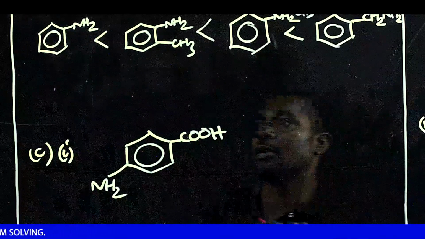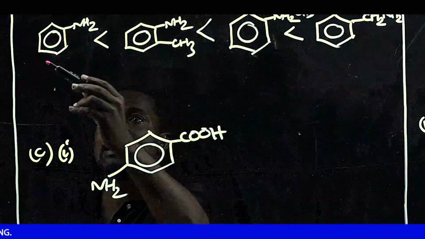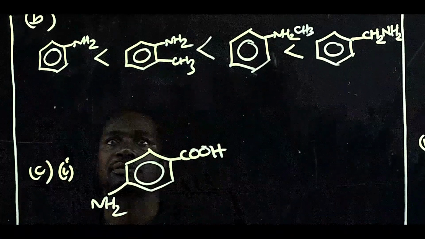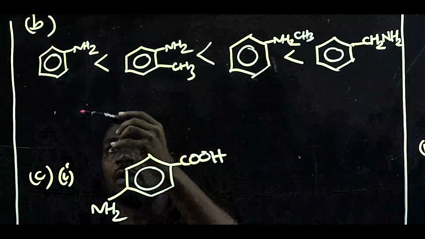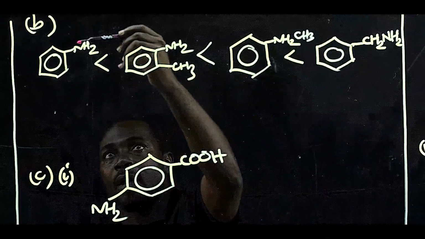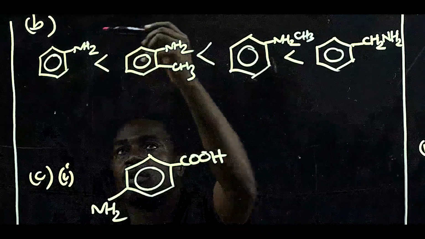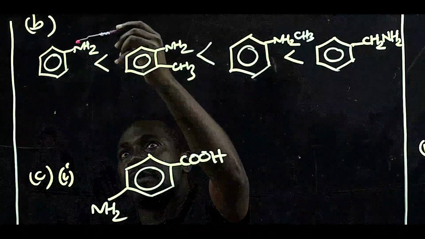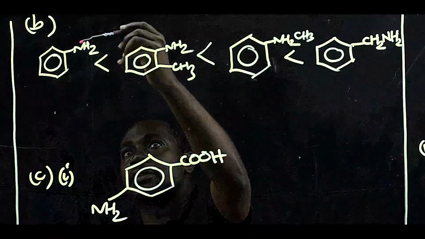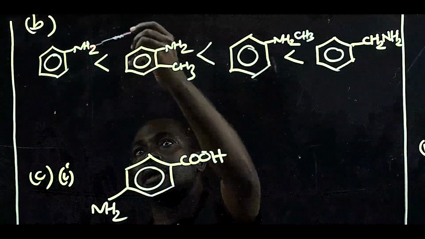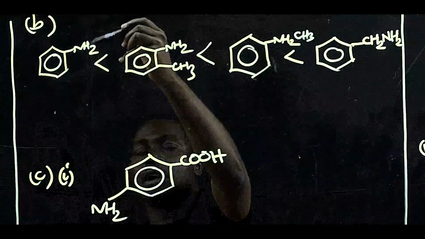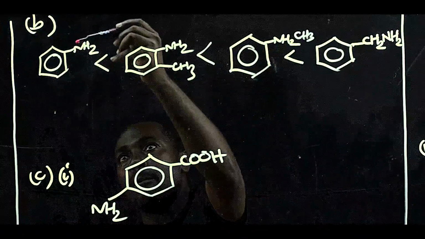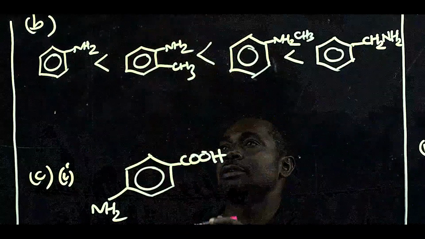For example, the first one is less basic than this one. The reason behind this is that the lone pair of nitrogen of the amino group is not stable and not available. Why? The lone pair of nitrogen of the amino group undergoes the mesomeric effect.